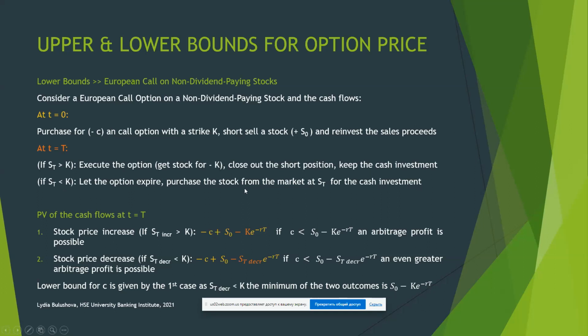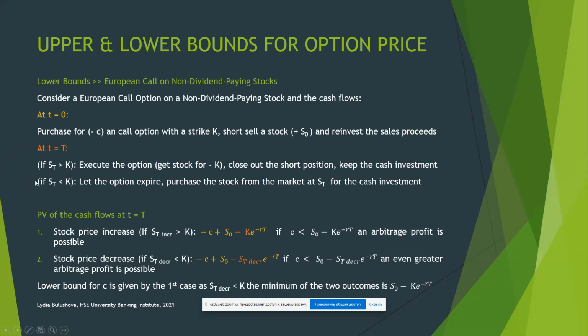So in this case, if the option expires worthless, in both cases, we start with purchasing a call option, we pay minus C, and short selling the stock, plus stock price at T equals 0.